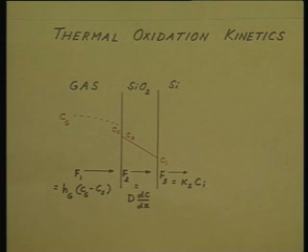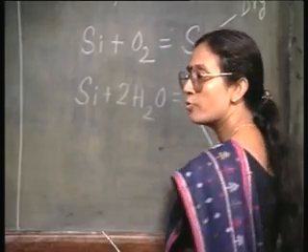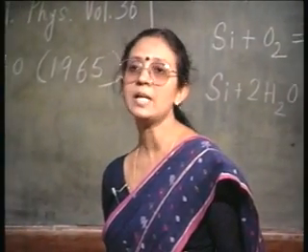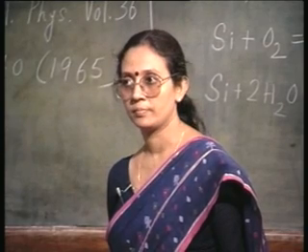And process number 3: once these oxidizing species reach the silicon dioxide interface, they must react with silicon there, is it not? So, I have the movement of oxidizing species governed by these 3 phenomena.